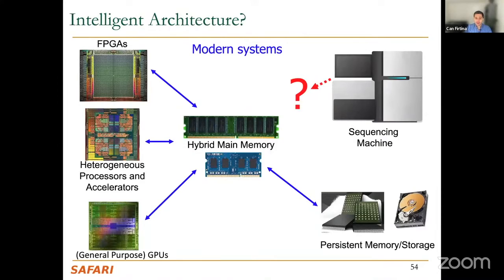But of course, the other question is we also want to use intelligent architectures, right? So we don't want to always use general purpose machines, but find the right architecture to process our data extremely fast and accurately.